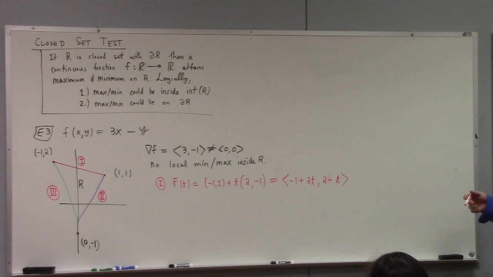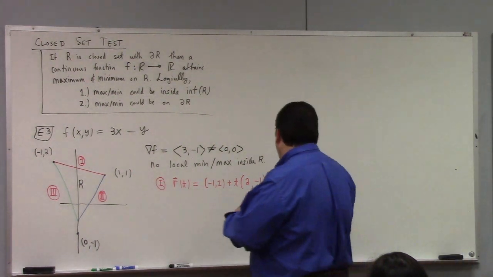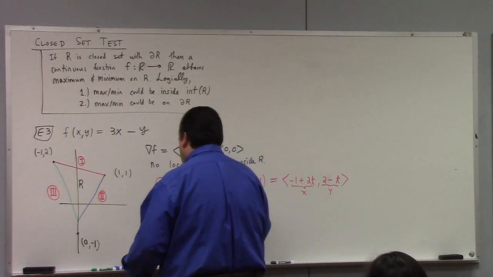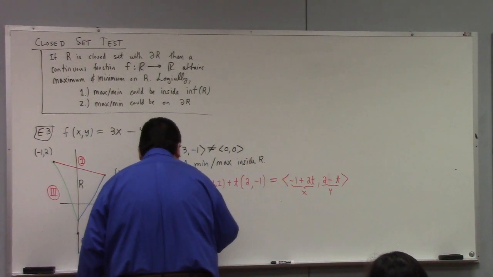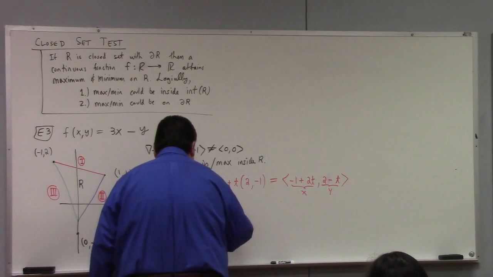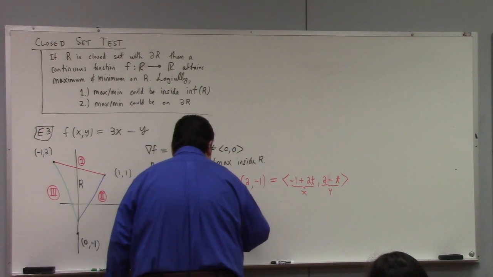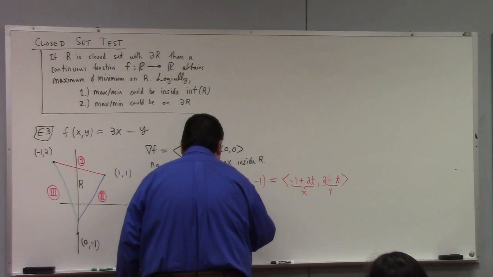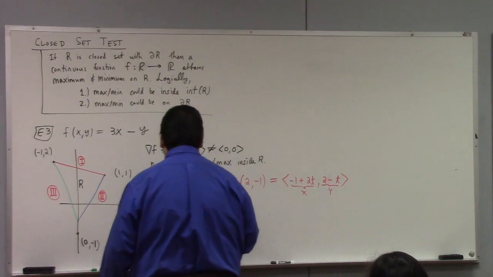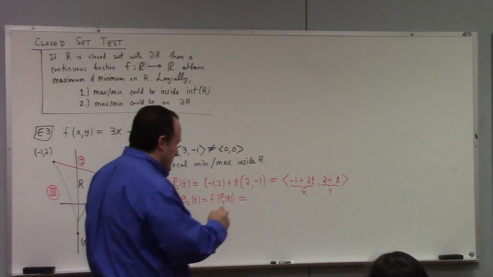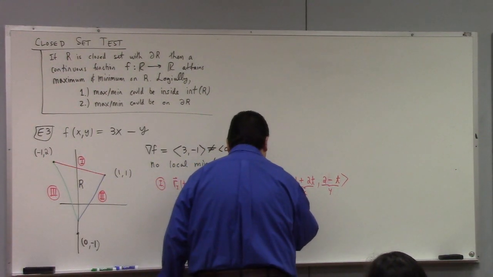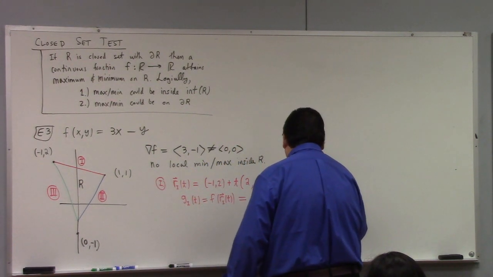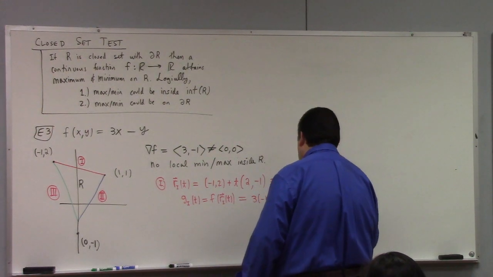Okay. So this is my x. This is my y. So if we look at g1 of t, which is going to be f of r of t, and I probably should call this r sub 1 because there's going to be an r2 and r3. What is it actually equal to? I do 3 times -1 plus 2t, right? Minus y, which is that.